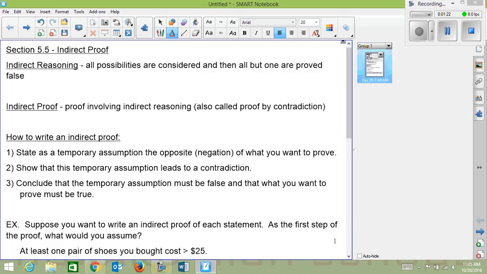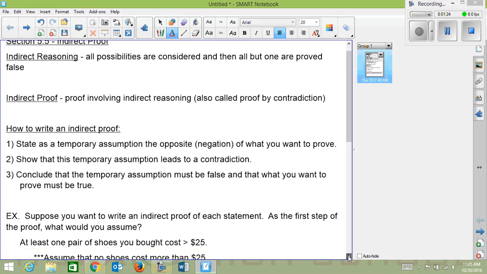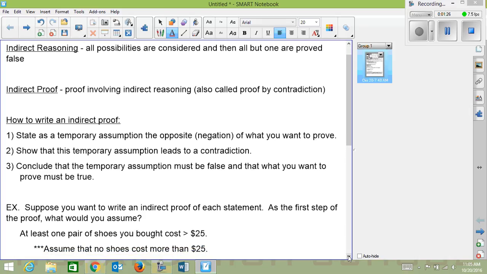For my assumption, I'm going to say that no shoes cost more than $25, because I'm supposed to prove that one costs more than $25, so the opposite would be that none of them cost more than $25. That'd be my first step in trying to indirectly prove that statement.